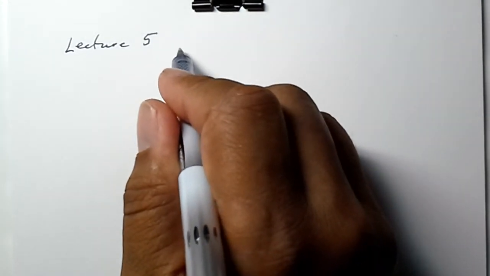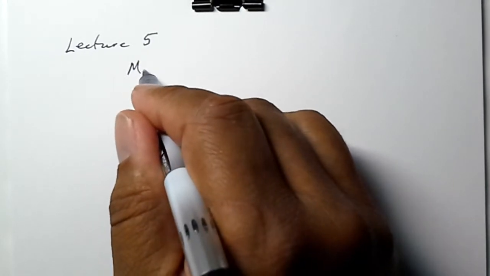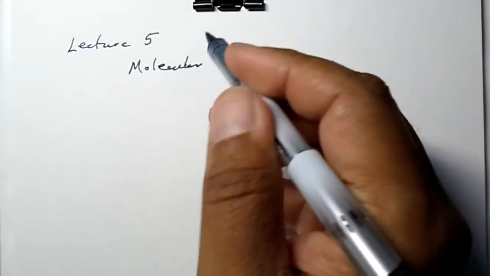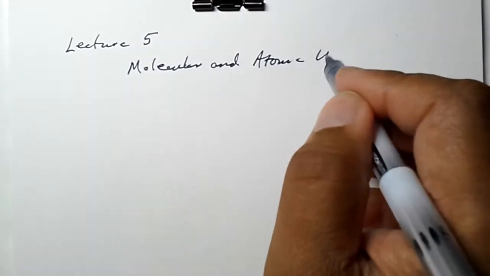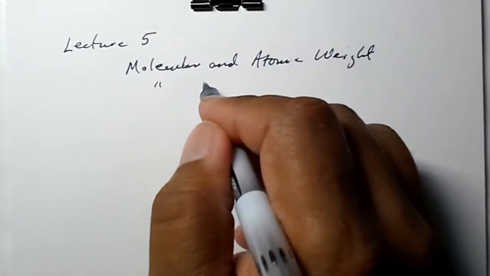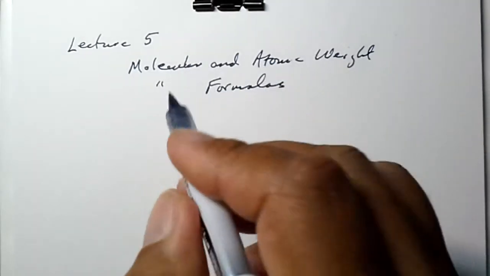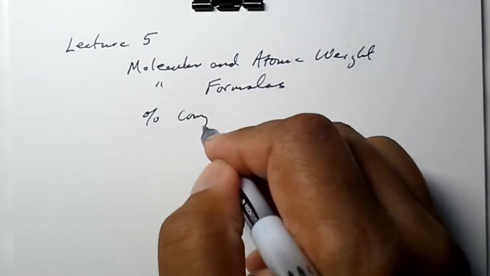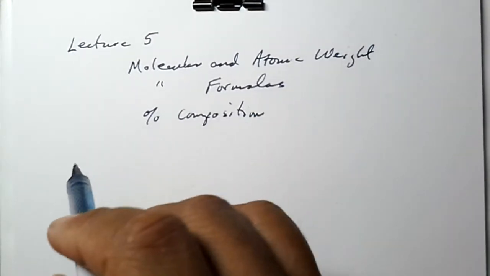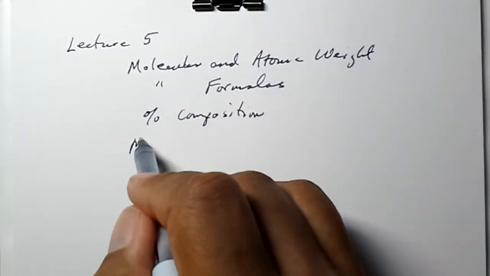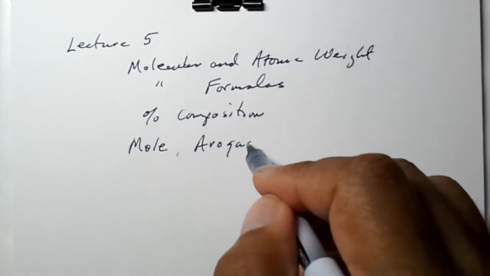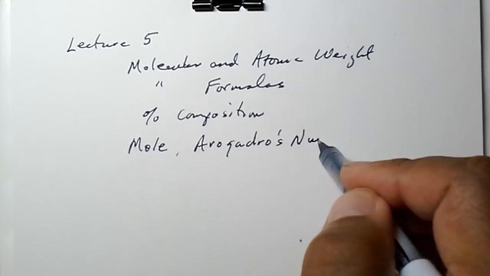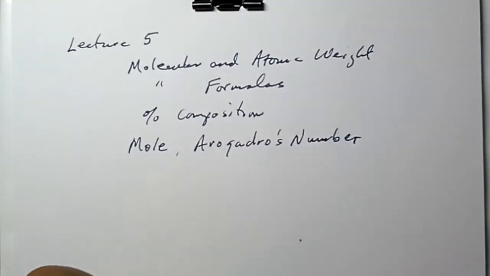We're up to, I think we're going to be talking primarily about molecular and atomic weights, molecular formulas, percent composition, and I'll even throw in a little bit of what a mole is and Avogadro's number, as it refers to a mole.